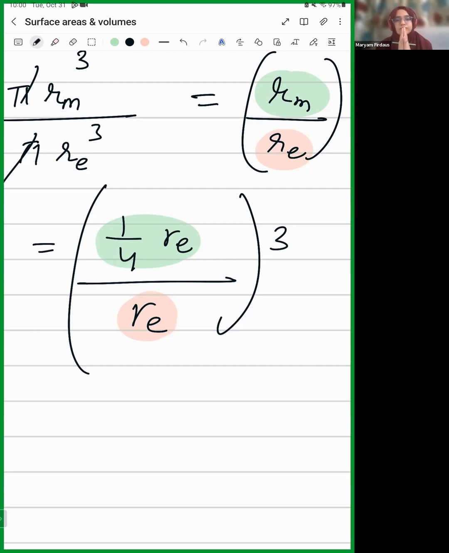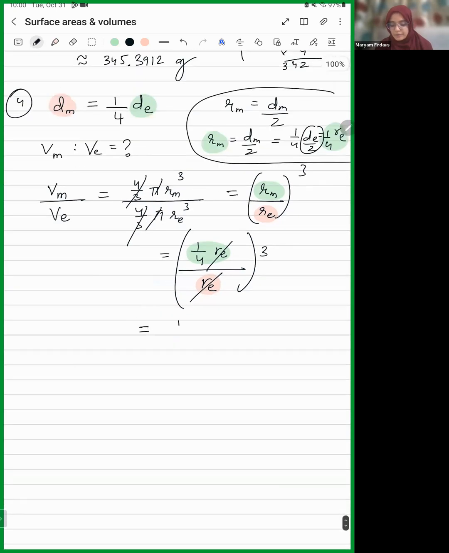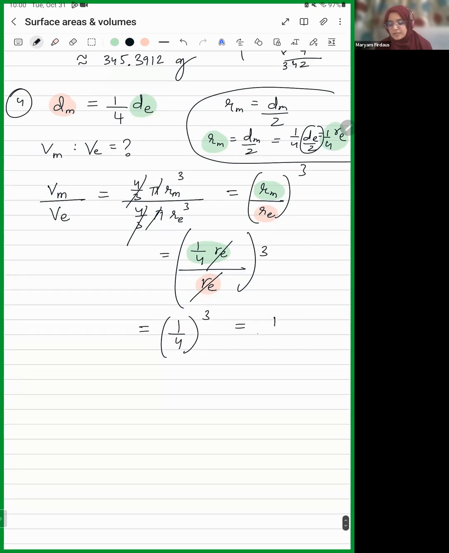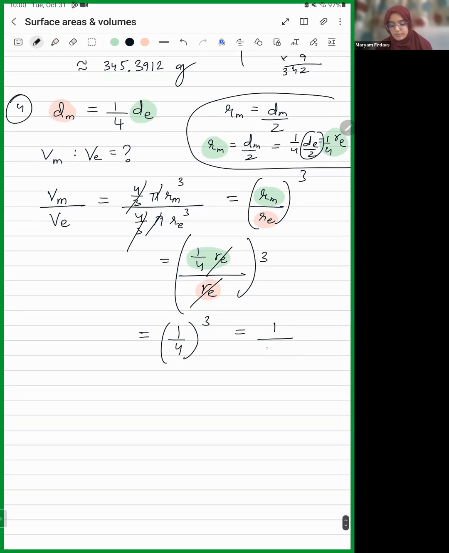Will Re and Re get cancelled? Yes. Re and Re will get cancelled. So what are we left with? We are left with 1 by 4 whole cube. And 1 by 4 whole cube is basically 1 by 4 cube, right? And what is 4 cube? 64.